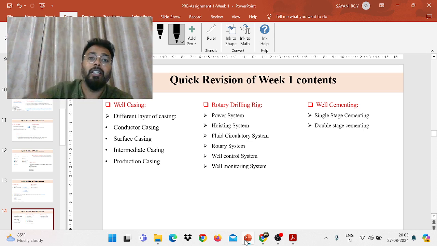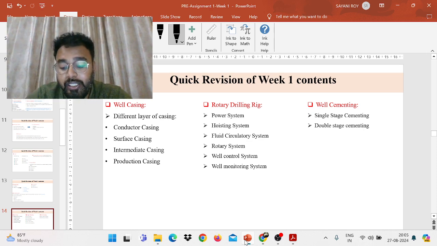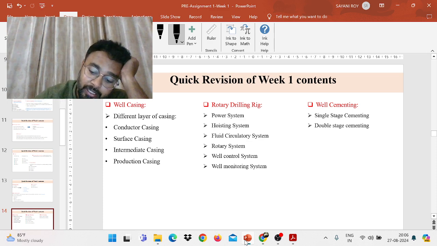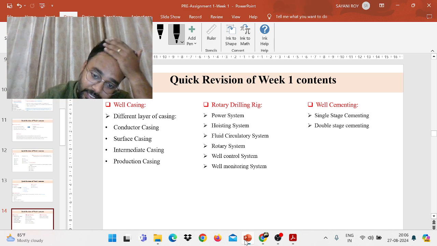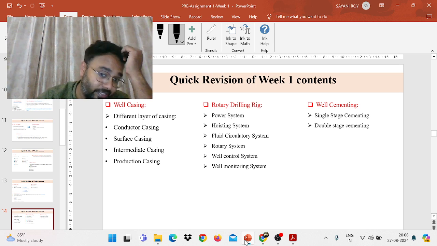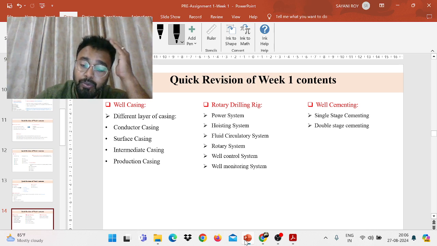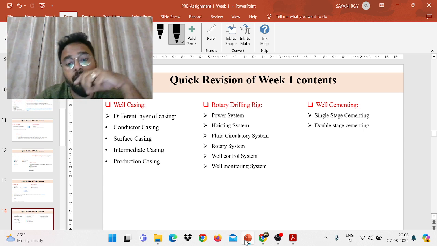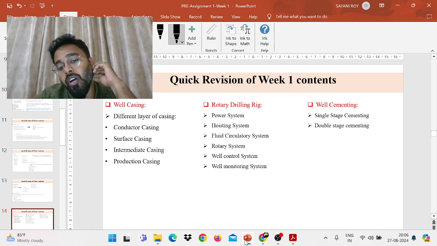The hoisting system is the lifting up of the drill string and drill pipe. Then the rotary system is used to rotate the drill pipe inside, so that the bit is rotated at its end, which enables the drilling and cutting of the rock surfaces. Then there is the oil control system.